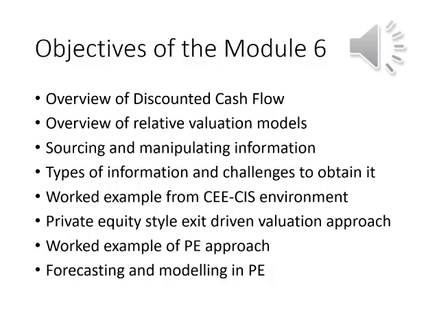We then look at a worked example from the CEE-CIS environment, which relates to the difficulty of obtaining information in emerging markets. We then move on to look at the private equity style exit-driven valuation approach, which uses the first techniques that we taught, but in a different way. We then give a worked example of a private equity approach, and finally we make some considerations about forecasting and modeling in private equity.